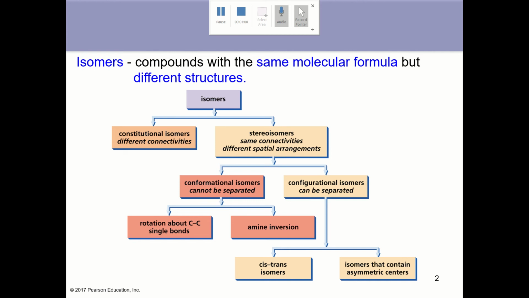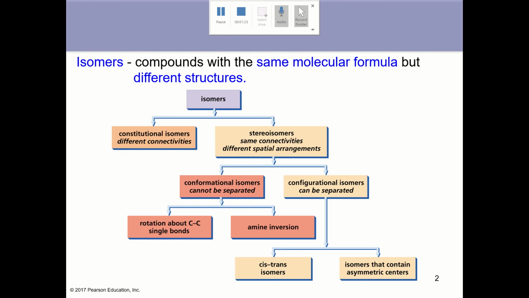Now, within the idea of different spatial arrangements, we have conformational isomers that are the result of simple rotation about single bonds or rotation from the shifting of a single bond in an amine. So amines have their own special category, and we're not going to worry about that.